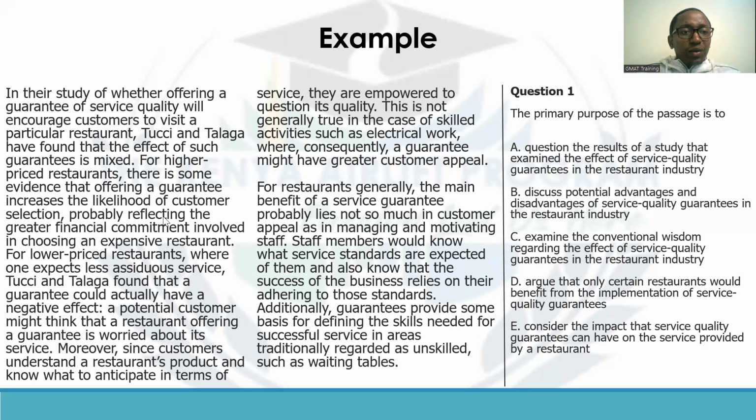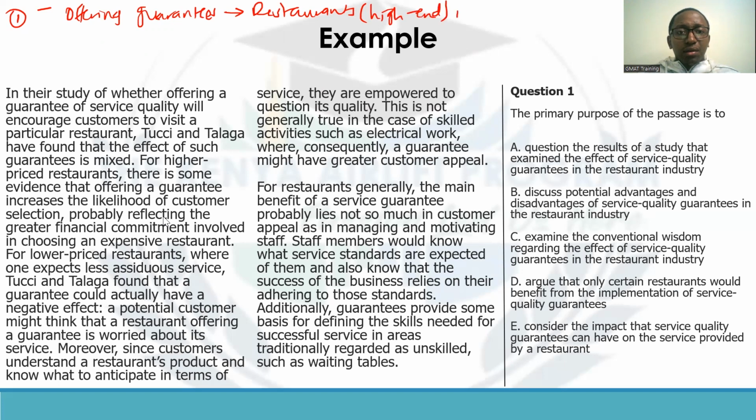So if we want to summarize our first paragraph, we'll say that it's talking about offering guarantees. It discusses the effect of a guarantee for restaurants and compares expensive restaurants, that is high end, and low end.